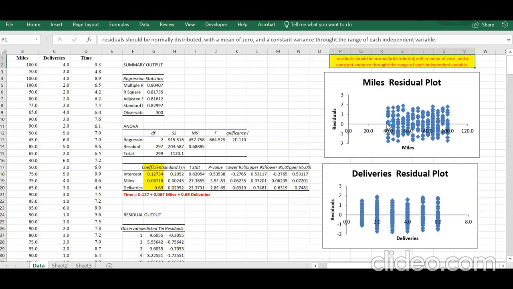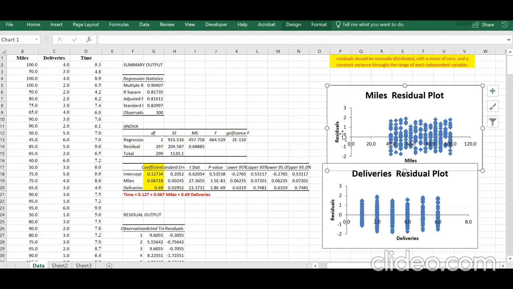At each neighborhood, it's symmetrical because we have approximately equal number of points below and above the center. Center is 0 always, approximately equal points below, above, so symmetrical, center 0, and then the range as you go from left to right is constant. You don't see an increase in variation, you don't see a decrease in variation significantly. So that's perfect. This one also is good.